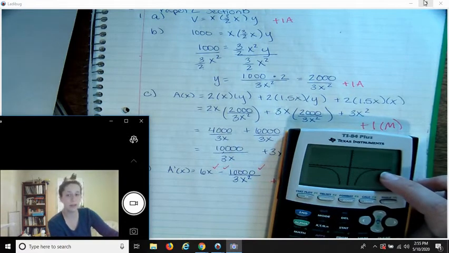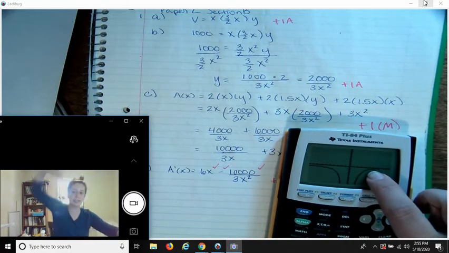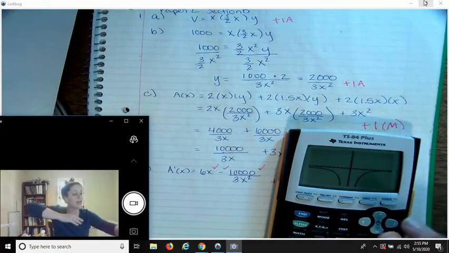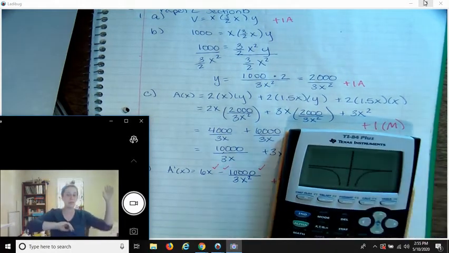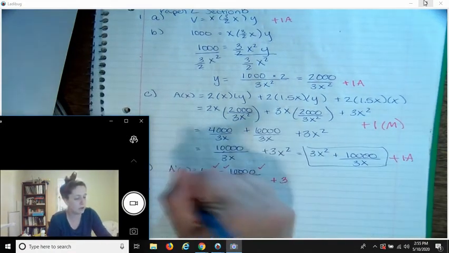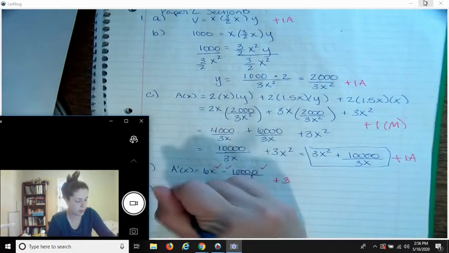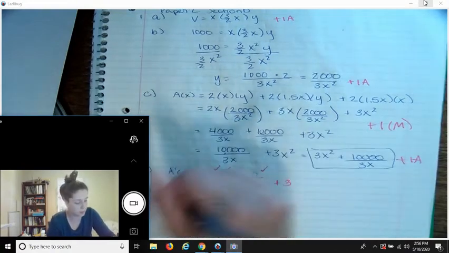Now you can verify that this is a minimum because it's negative, below the x-axis, so going down in the original function, and then it goes up above the x-axis going positive. If you set up a table, this is f prime of x, or A prime of x for this problem.